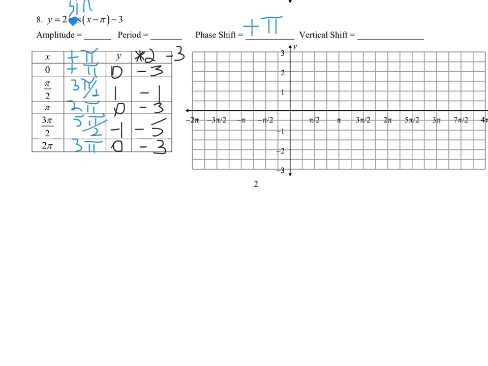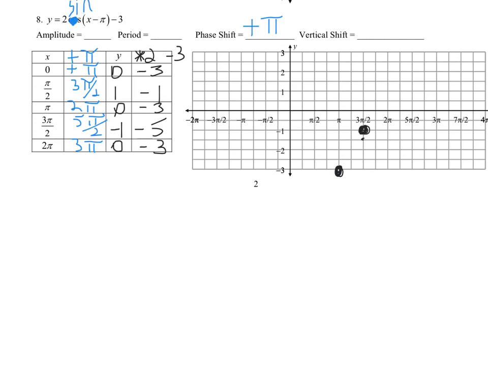So this one's going to be really off the graph, but that's okay. We can manage. So at pi, I'm going to be at negative 3, which is right here. And then for 3 pi over 2, I'm going to be at negative 1. Negative 1 is right here.